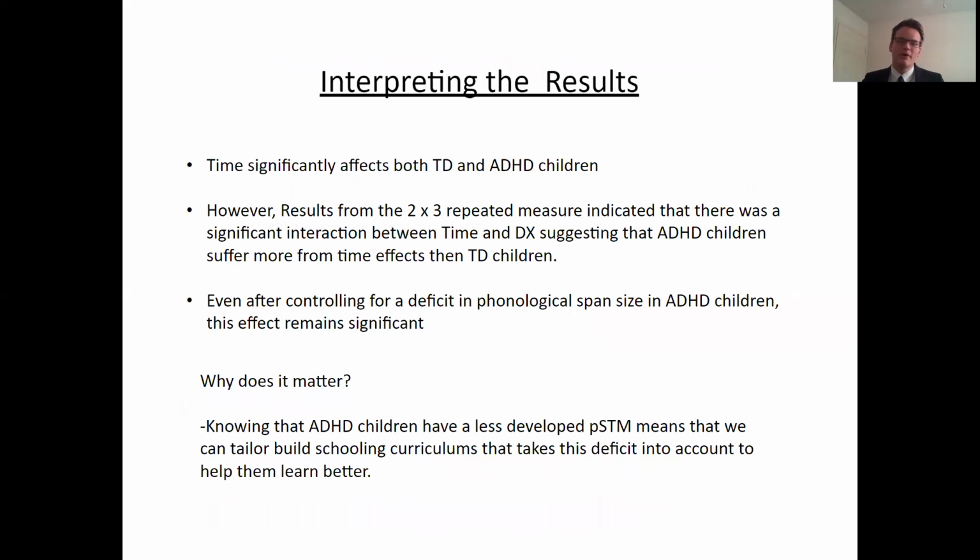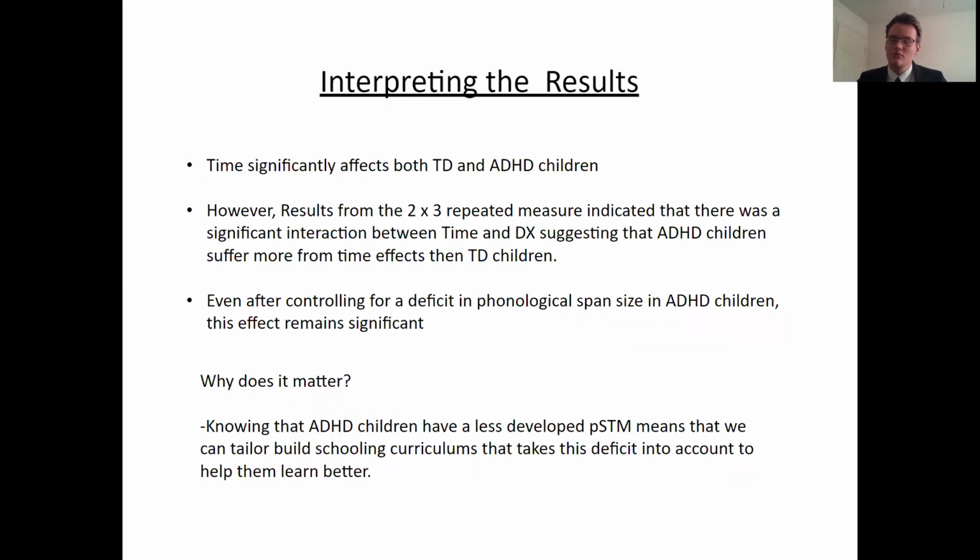So now let's go back to interpreting all the results together. What we saw from my analysis is that time affects TD and ADHD children. Time affects them both. The score decreases when you add more time, which is what we expect. It's more effort to keep something in your memory over time. But we saw that there's also an interaction between time and diagnosis using the 2x3 repeated measures ANOVA.